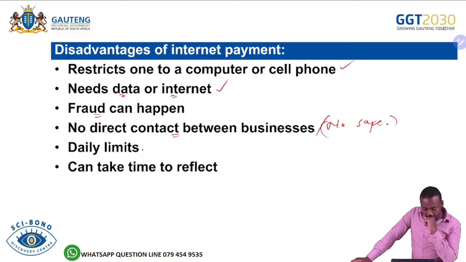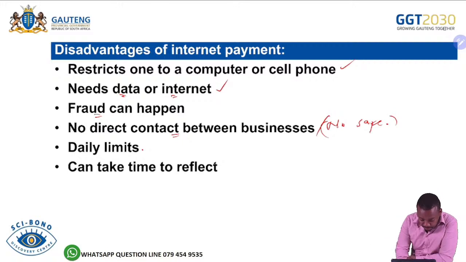We are also saying it can take time to reflect. Remember, I spoke about instant payment and also the one that normally takes place. If you want an instant payment, obviously you will pay more, an additional fee for that. So it can take time to reflect.